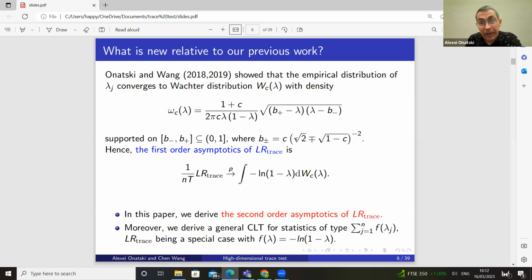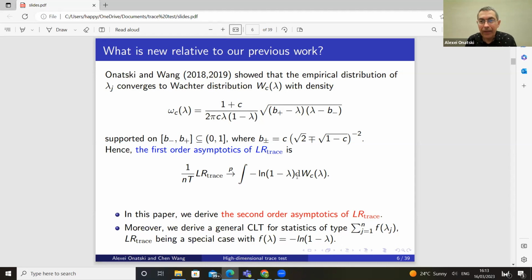In particular, this convergence to the Wachter distribution implies the first order behavior of the likelihood ratio statistic. If you divide the likelihood ratio statistic by n times t, it will converge in probability to the integral of minus logarithm of 1 minus lambda with respect to this measure. I just need to multiply by the density of Wachter and take the integral. This will be the first order behavior.